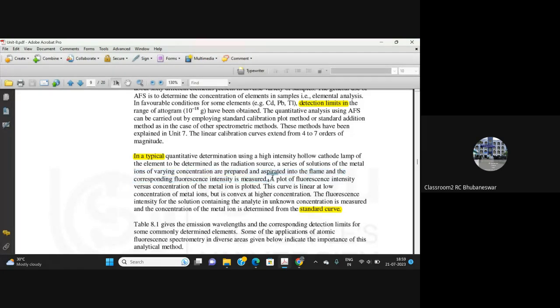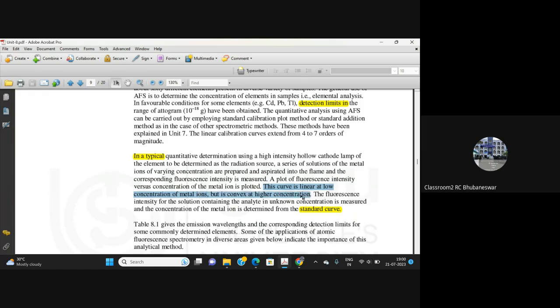So a plot of fluorescence intensity versus concentration of the metal ion is plotted. What I was telling you about, the calibration plot. This curve is linear at low concentration of metal ions, but it is convex at higher concentration.